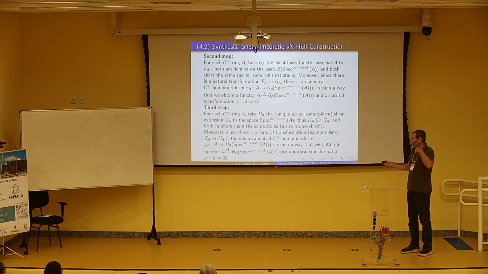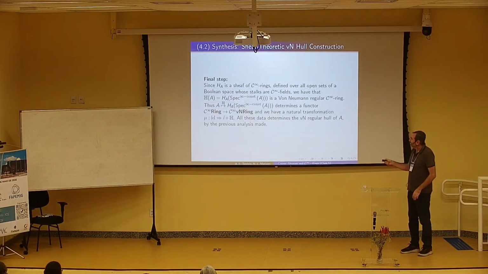Então, depois você pode fazer a feixificação e mostrar que com a feixificação nós temos aquela transformação natural do teorema de quatro slides atrás, e que esse cara satisfaz as condições que dão propriedade universal, em particular, aquela coisa de que os corpos residuais são isomorfos.